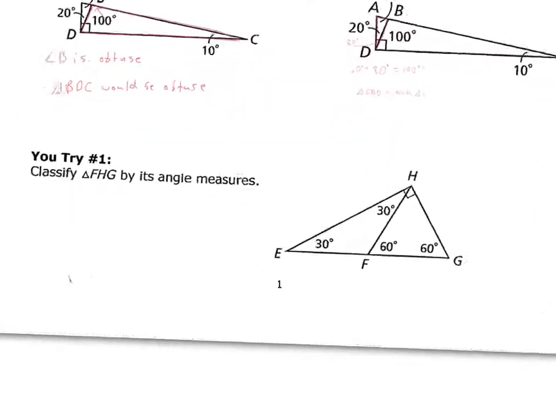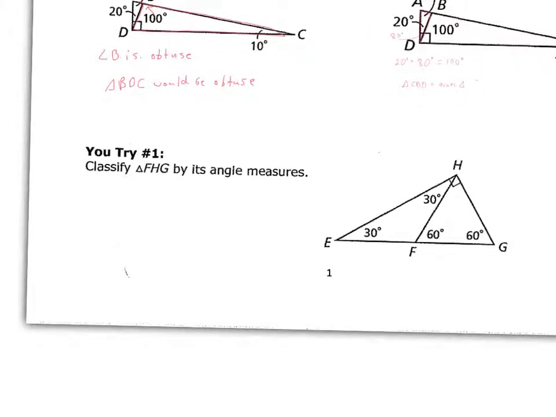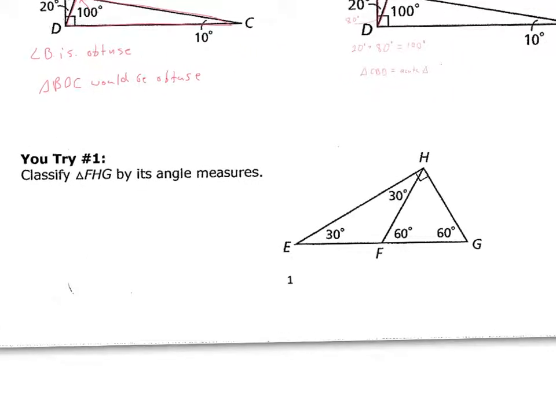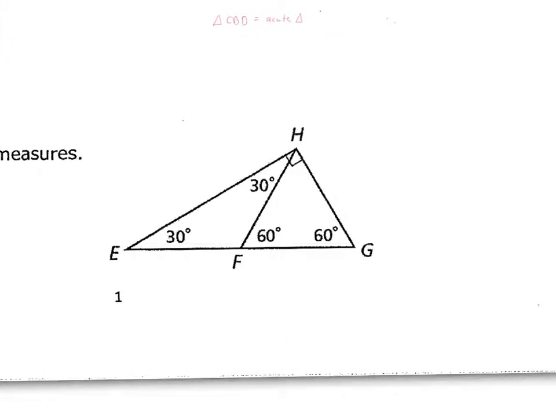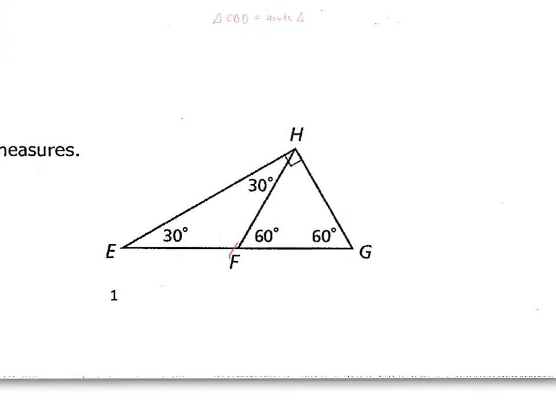Okay, let's try one more here. We want to find triangle FHG and decide what type of triangle it is. Right here you'll notice that you have a 90-degree angle, but that's for triangle EHG, not for FHG. Since this is a 30-degree angle, we can take 90 minus 30 and get 60 degrees.